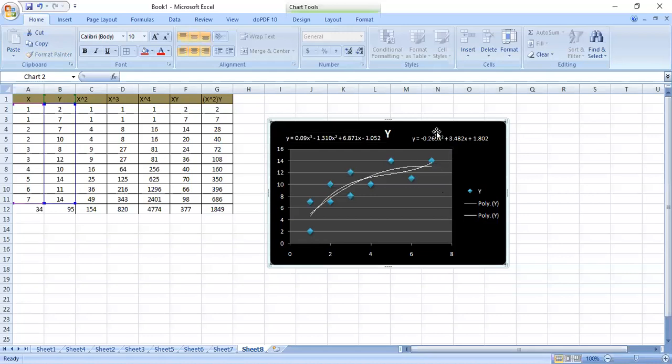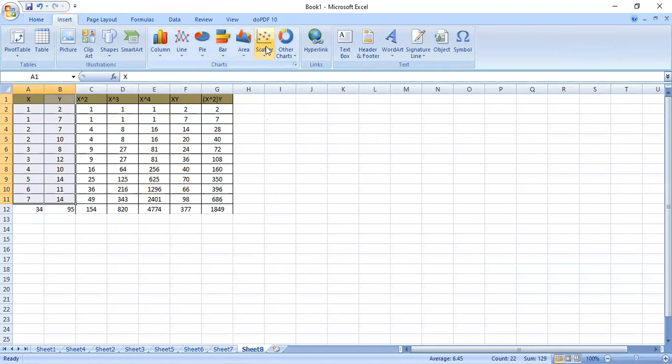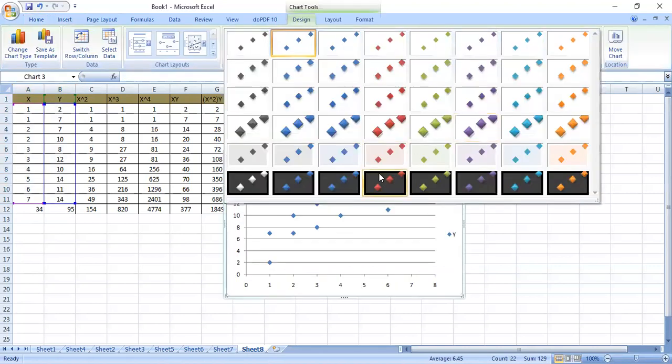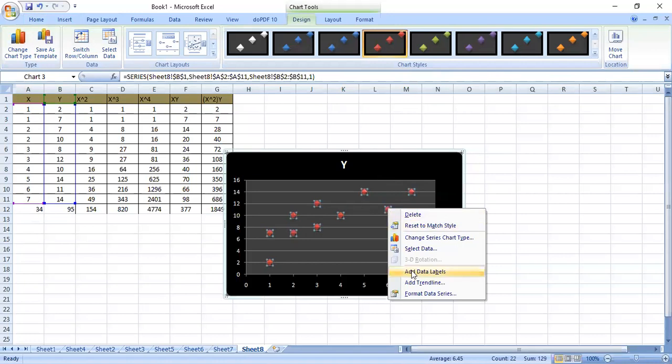Let us delete this particular curve because this is not required anymore. We have this data, and first of all, let us draw the scatter diagram afresh. So this was the scatter diagram. Now we are going to select these points and add the trend line.